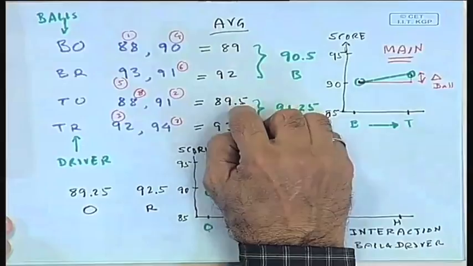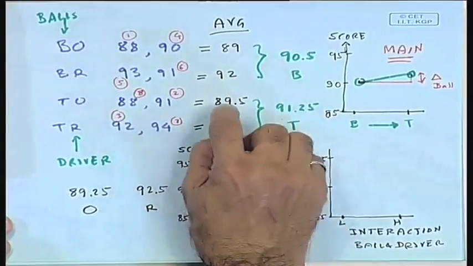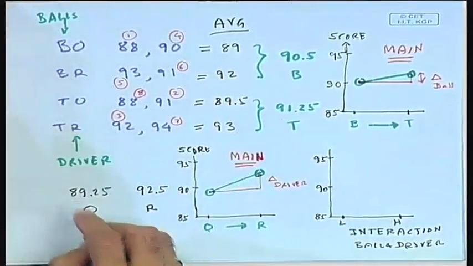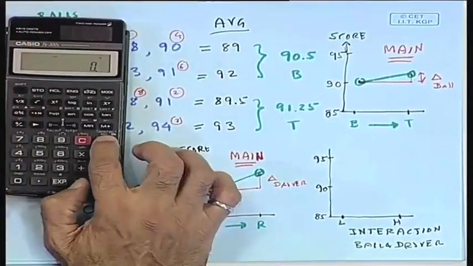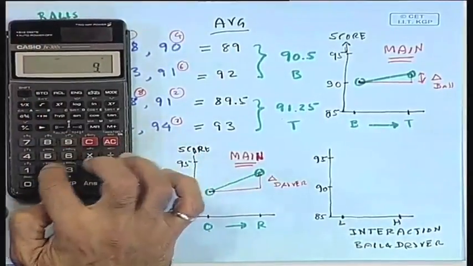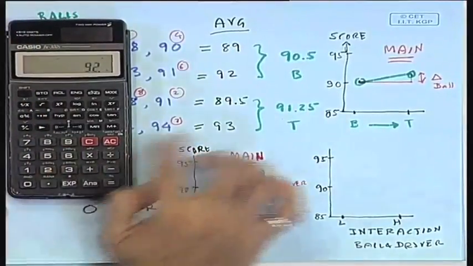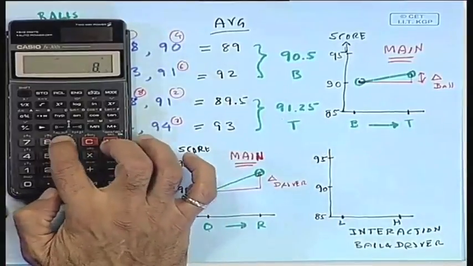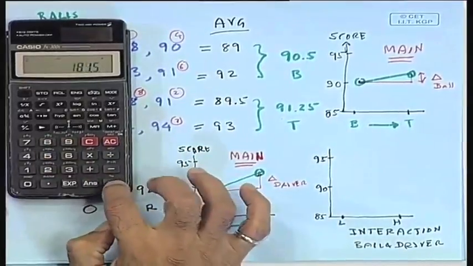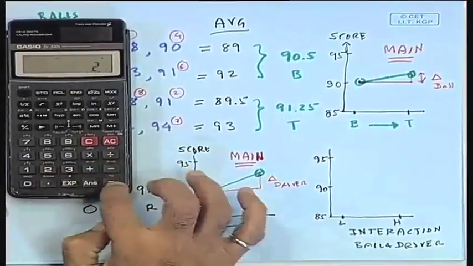I could just use the calculator: 92 plus 89.5 divided by 2.